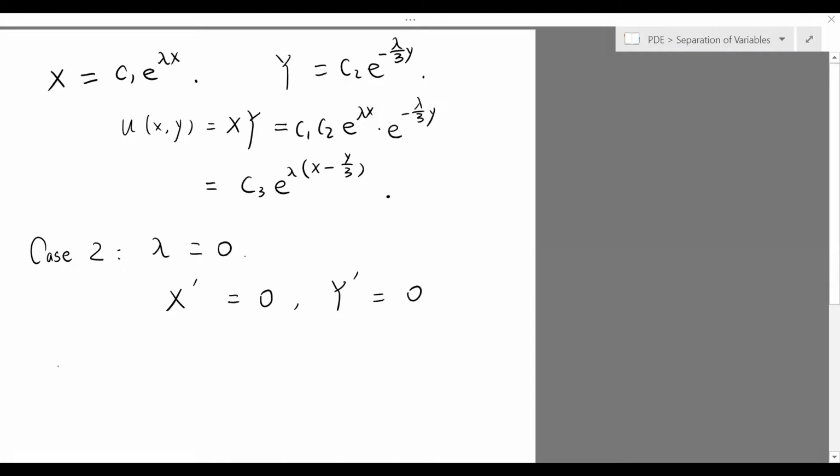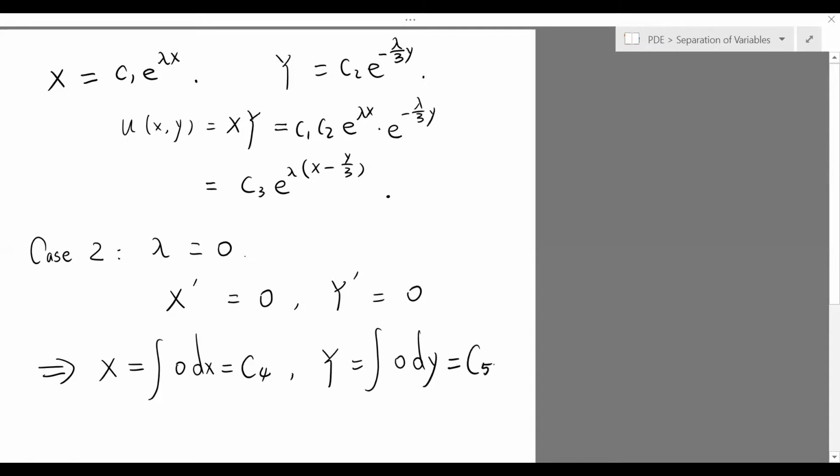Therefore, we conclude that capital X is just the integration of 0 with respect to x, which is in fact a constant, while capital Y is going to be the integral with respect to the variable y. Similarly, the outcome is also a constant.